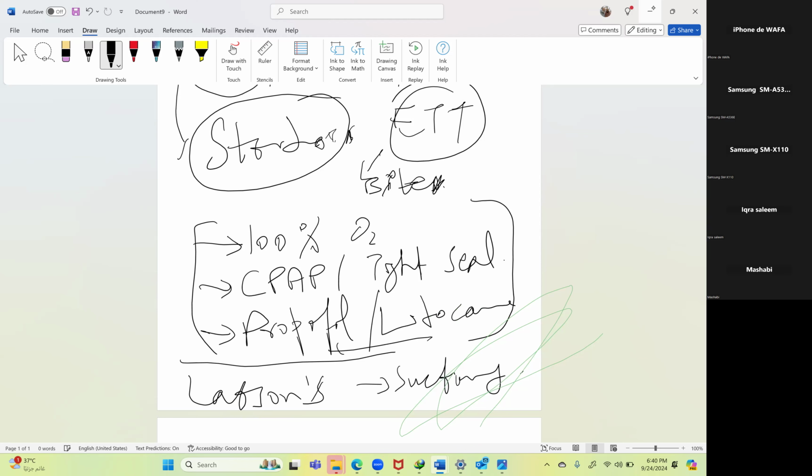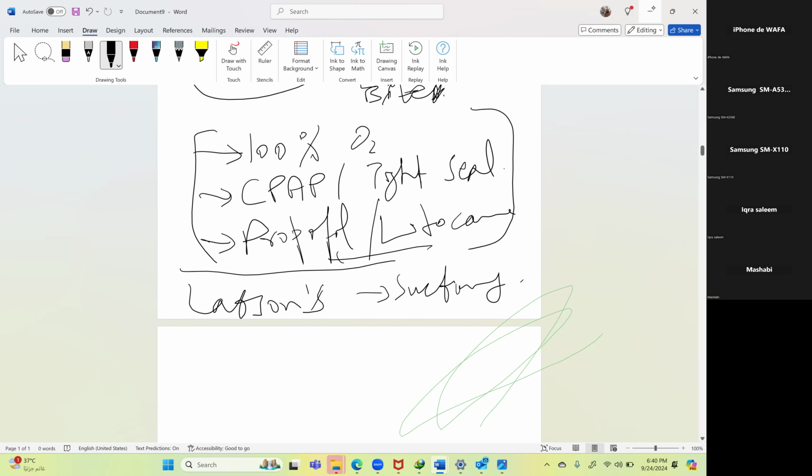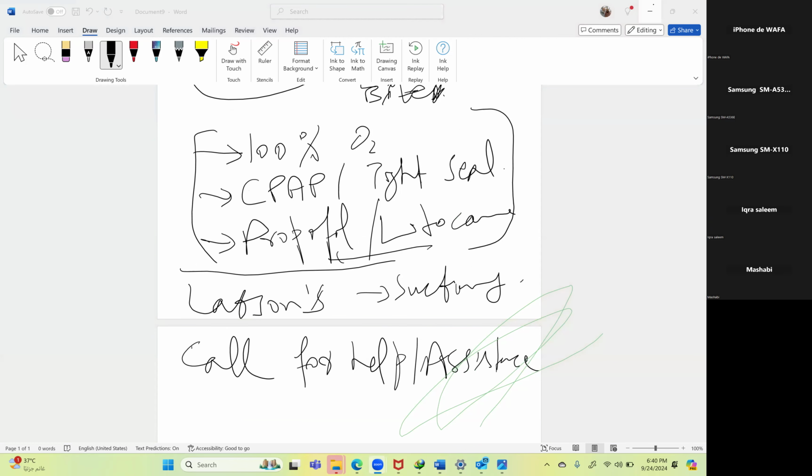As we mentioned, always call for help. Don't miss it. Call for help or assistance. But if the patient is biting down on the tube, we can't do suctioning until the anesthesia is deepened.